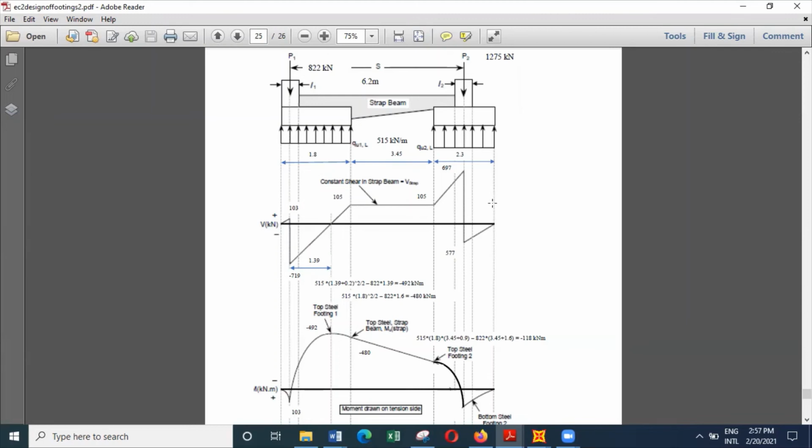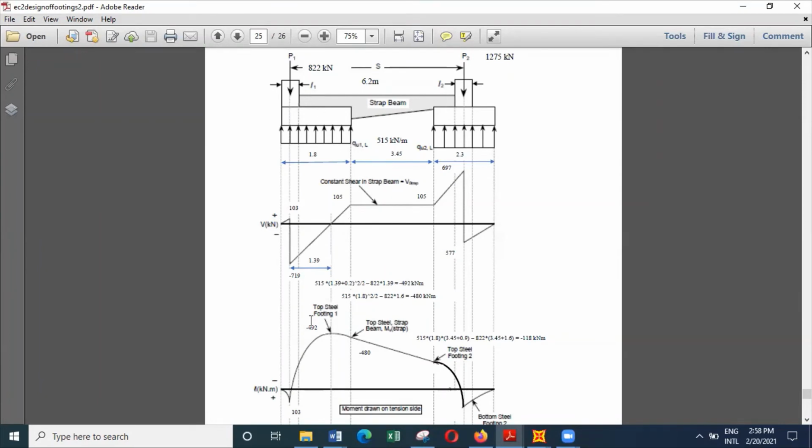And once you select a value for the thickness, let's say we select 0.6 meters, then we can work out the direct shear and check the direct shear force. And if the direct shear is okay, then we don't have to worry about it. And also, once you know the thickness of this base, let's say 0.6 meters, and we have a bending moment of 492 acting this way, which means it's kind of hogging.